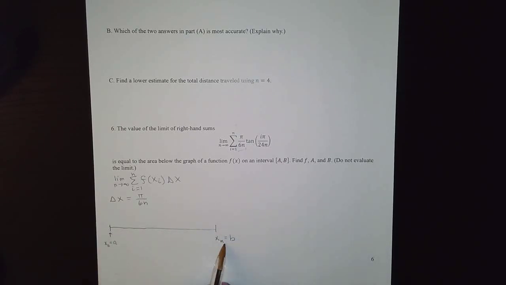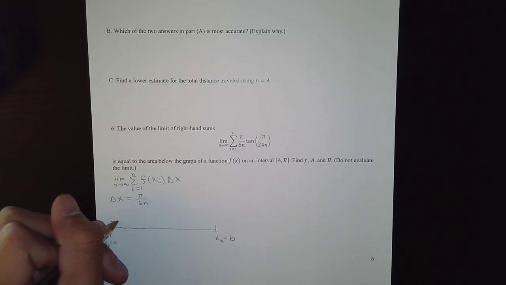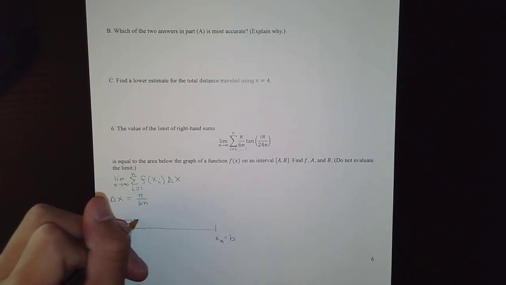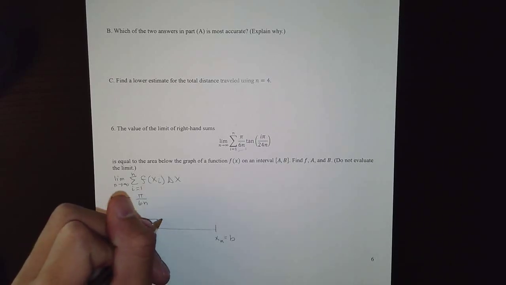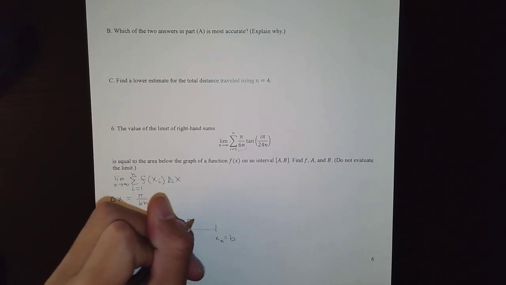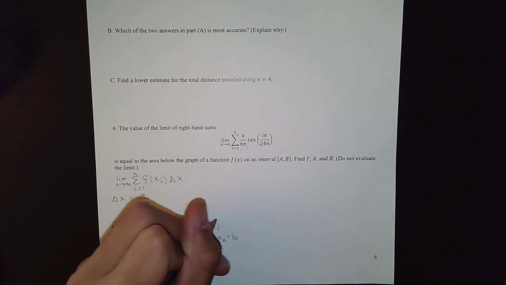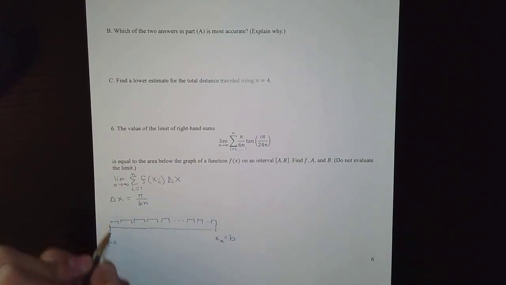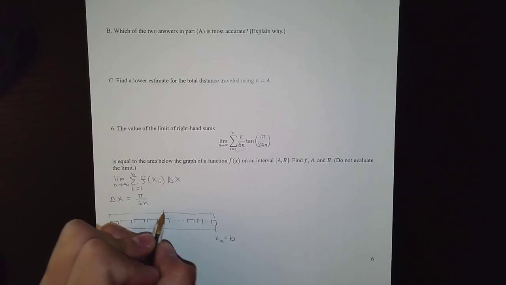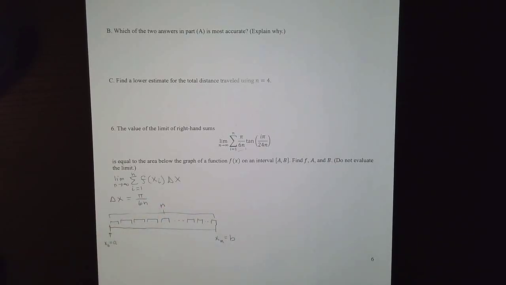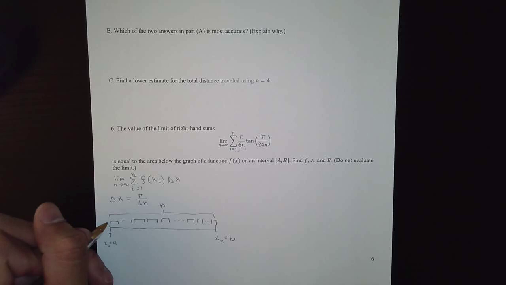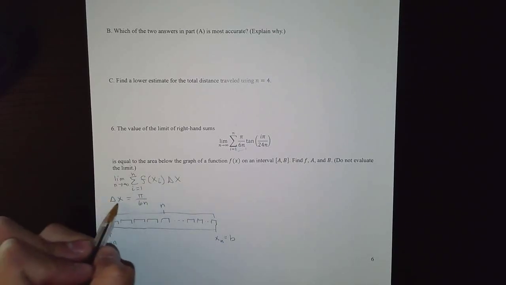If you're wondering why this is n in this case, well, we know that the interval is broken up into n subintervals. So what that means is all of these pieces adding up within this segment means that there's n of these. Well, what is the length of each segment? It's our delta x.